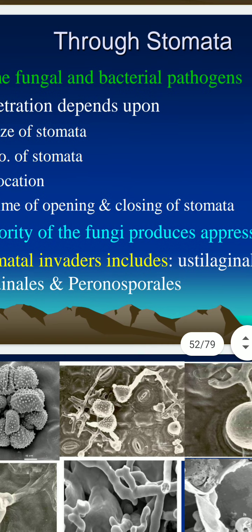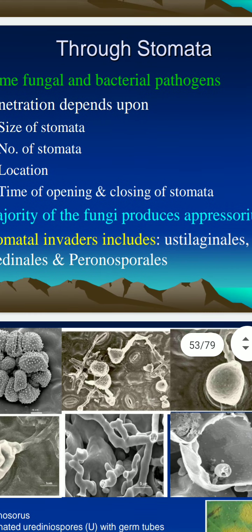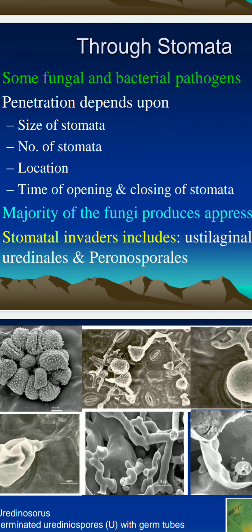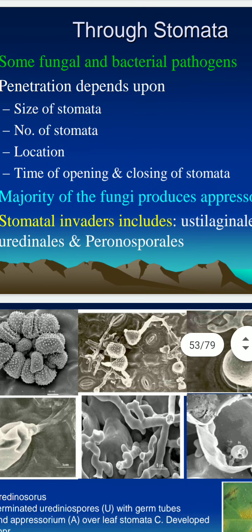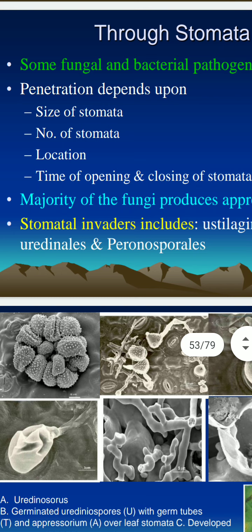The fungi produce appressorium on stomata, and these appressoria can invade stomata. These fungi, Ustilaginales, Uredinales, and Peronosporales, can enter the host through these natural openings known as stomata.